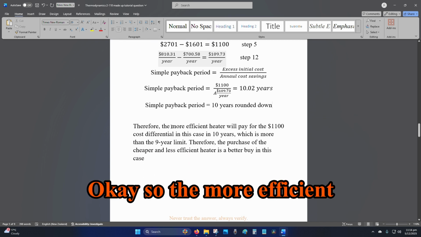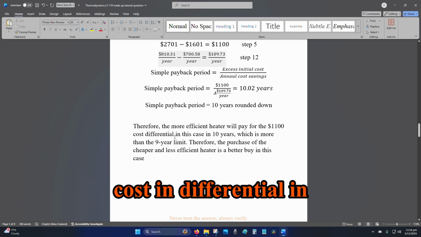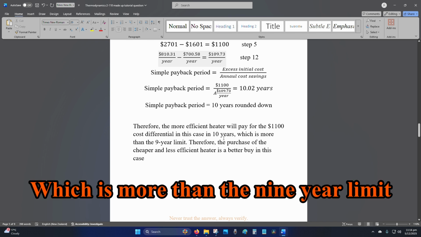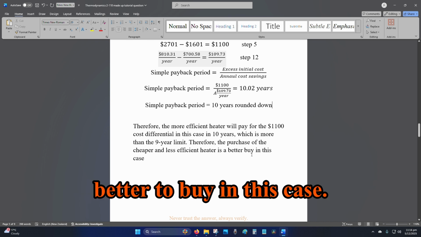Okay, so the more efficient heater will pay for the $1,100 cost differential in this case in 10 years, which is more than the 9-year limit. Therefore, the purchase of the cheaper and less efficient heater is better to buy in this case.